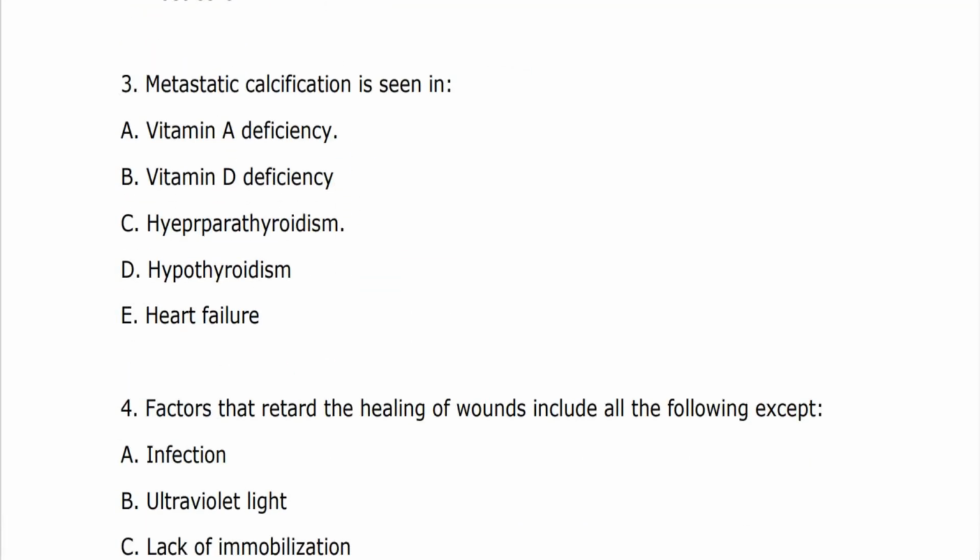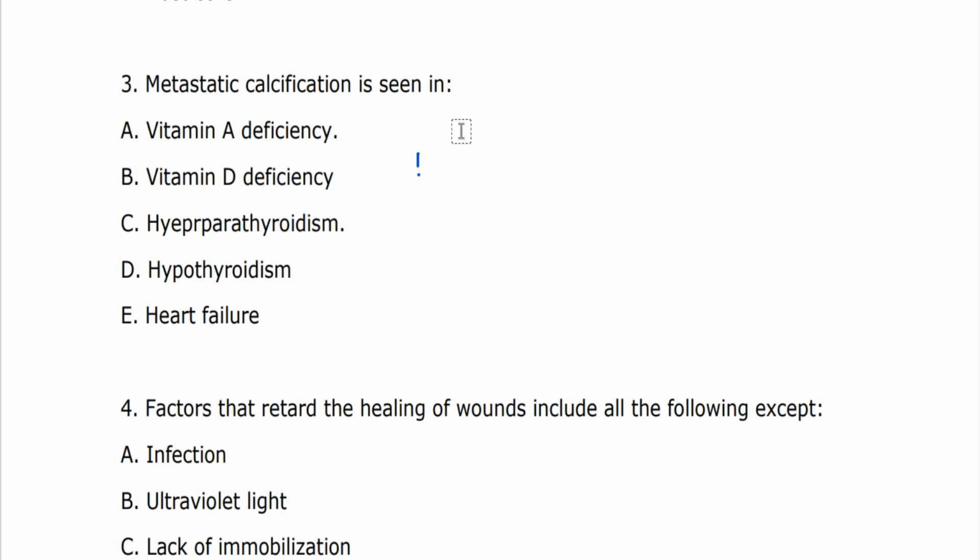Question number 3. Metastatic calcification is seen in. Okay, so I'll try again to define this. When you have calcification occurring outside bones, or where there's not supposed to be calcification, it can be as a result of metastatic calcification or as a result of dystrophic calcification. So metastatic calcification is due to hypercalcemia.